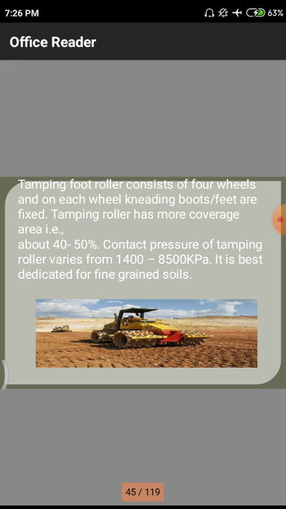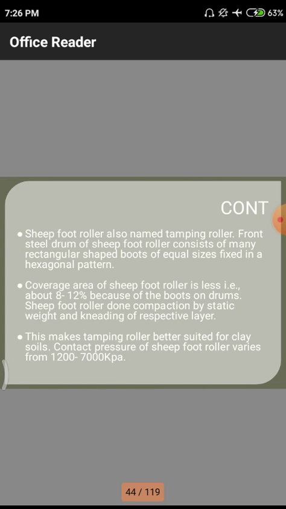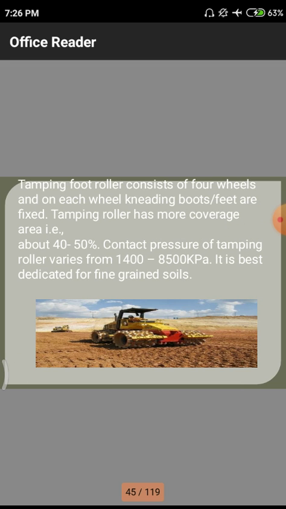About 40 to 50% coverage, and the contact pressure of tamping rollers varies from 1400 to 8500 kilopascal, whereas previously it was 1200 to 7000. So the minimum and maximum pressures vary by 200 and 1500.